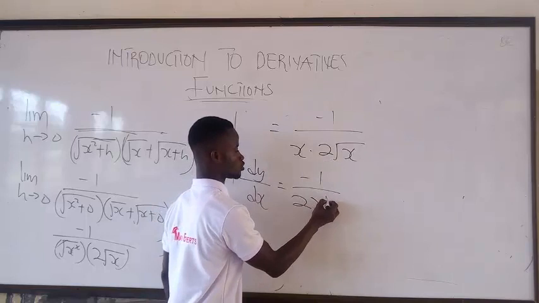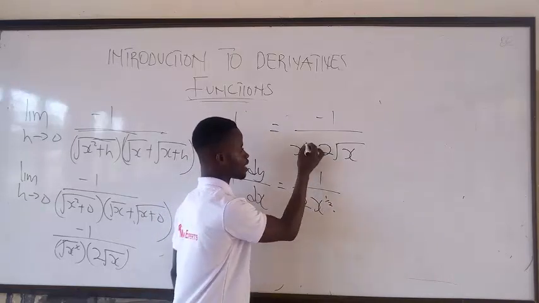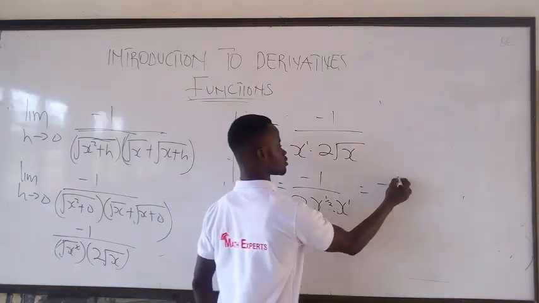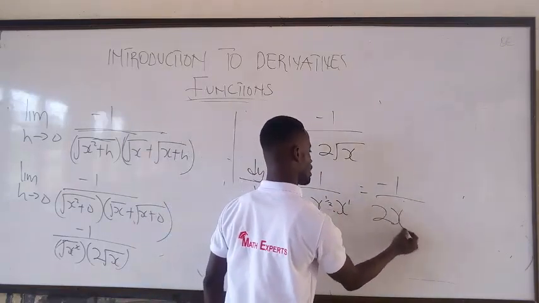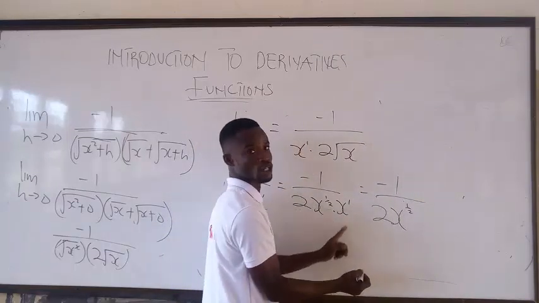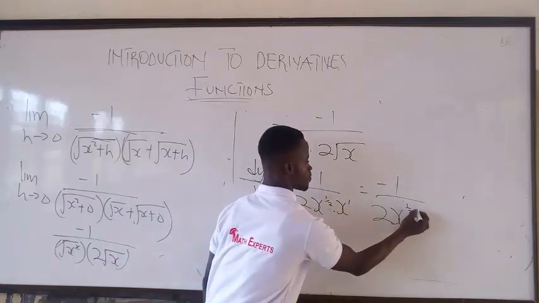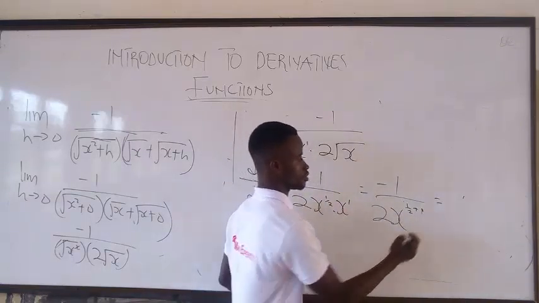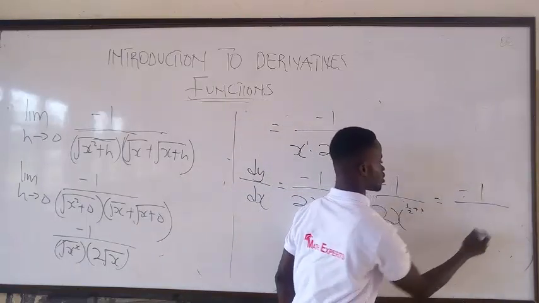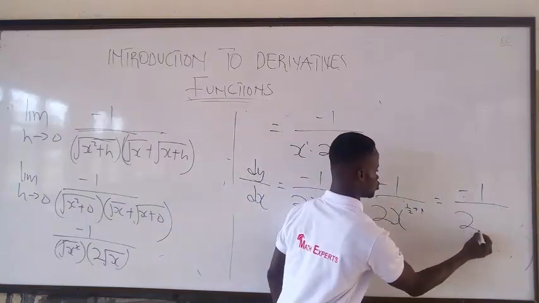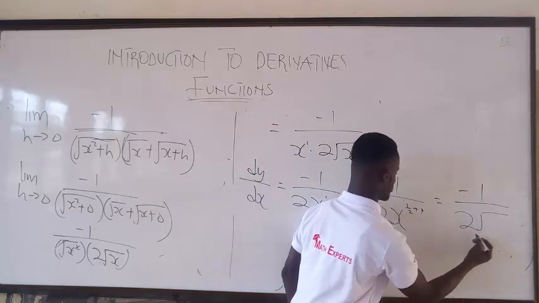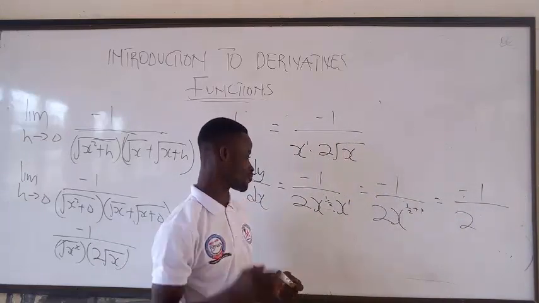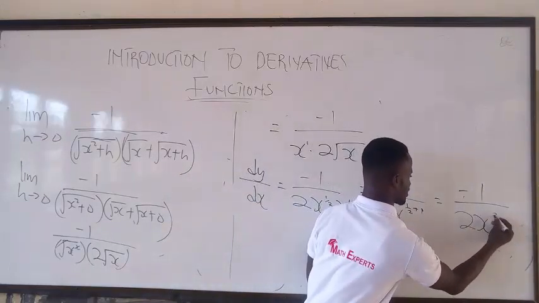You can change this to half, multiplying by this, the same as that. So we get 2x to the half. We can add from indices, plus 1. So that is going to give us -1 all over 2 square root of, or let me first leave it as this for you so that you won't be confused. 3 over 2.